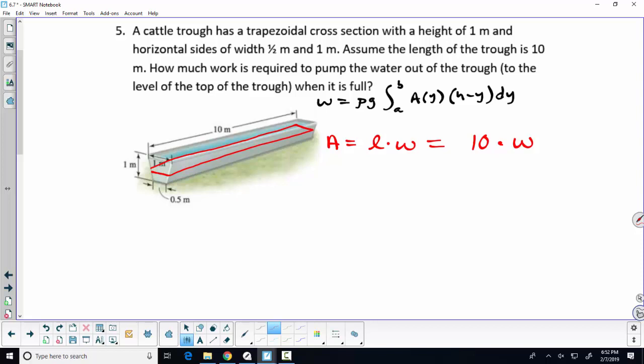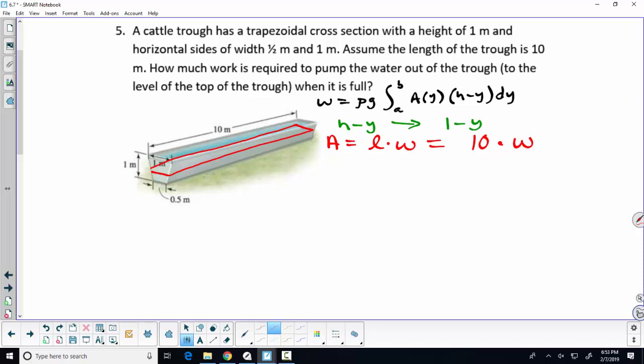Okay, before we continue here, what would our h minus y be if the trough is full and we're pumping the water out? 1 minus y. Yeah, 1 minus y. So now, what do we need in this area function?